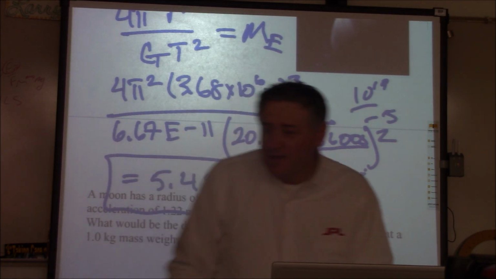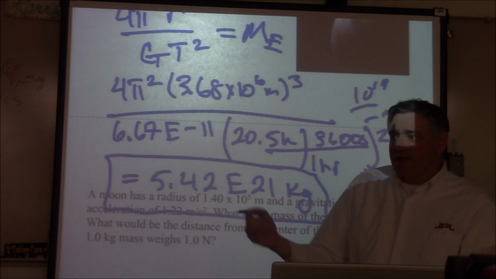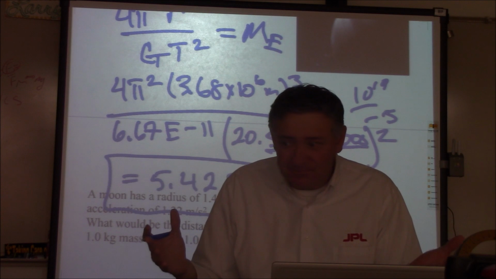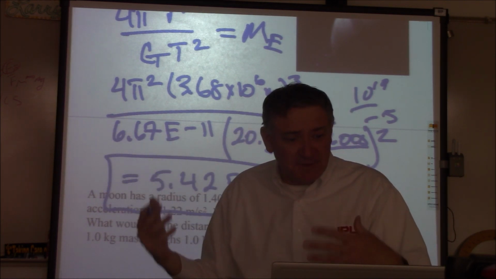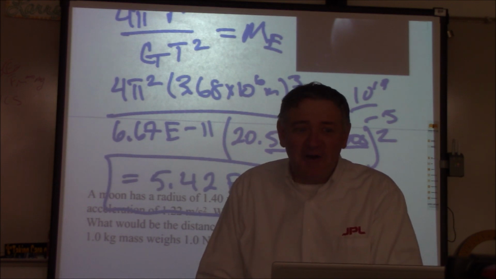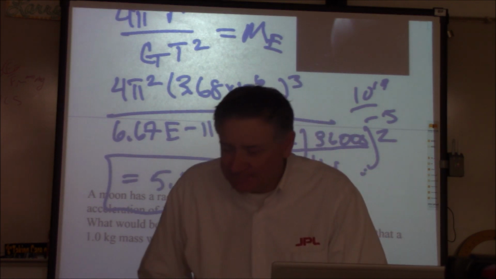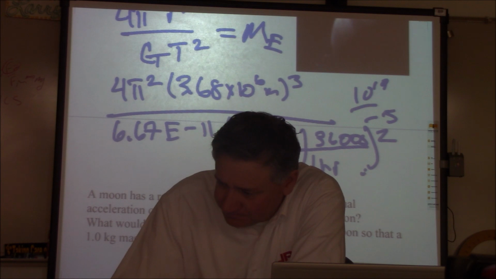So I got 10 to the 19th divided by 10 to the negative 5th, that gets me like 10 to the 24th, and that's a very, very crude estimate. So that's why if you just look at those exponents, Caden, you would have realized, wow, there's no way it's that big. Okay, so let's work one more, and then you'll have a pretty good idea on how this deal is going to play out.